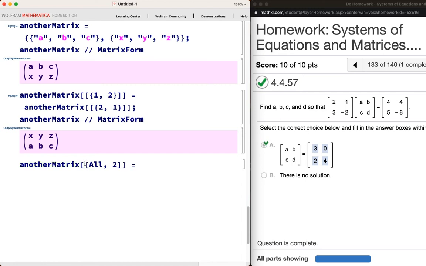I wonder if, let me see here. Another matrix, all rows, third column.